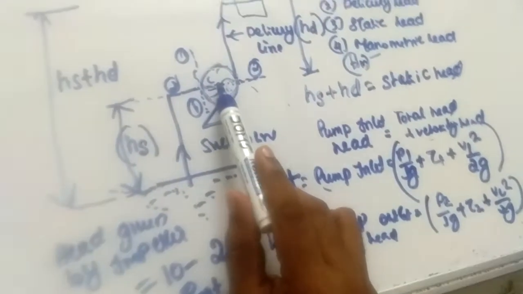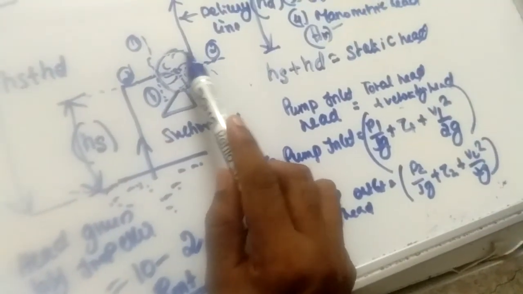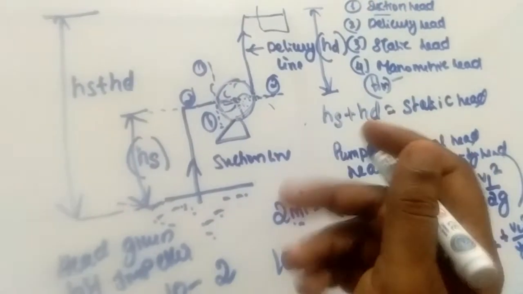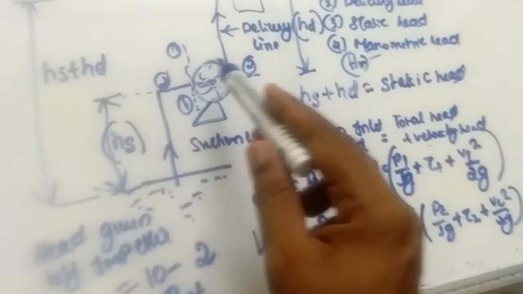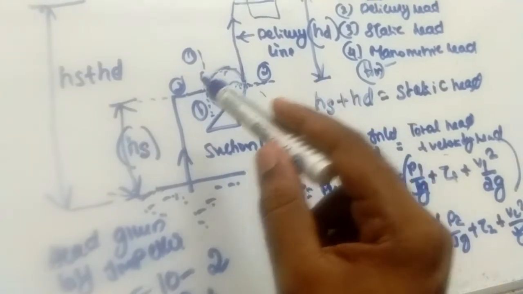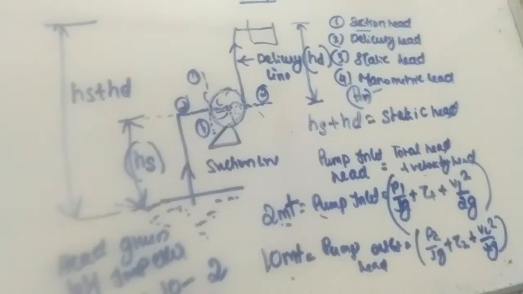Why is it giving this? To give energy to the water, so it gives head. Some losses take place, and to handle those losses, it has to give extra head. This is the head given by the impeller, which works for the centrifugal pump.